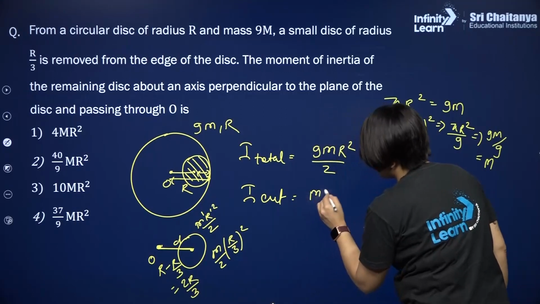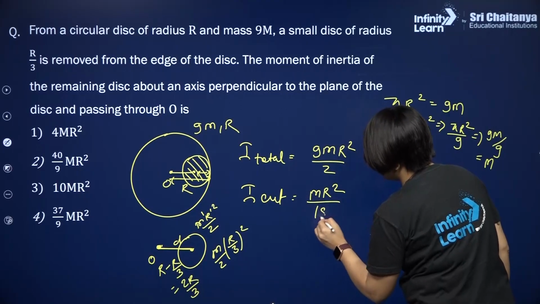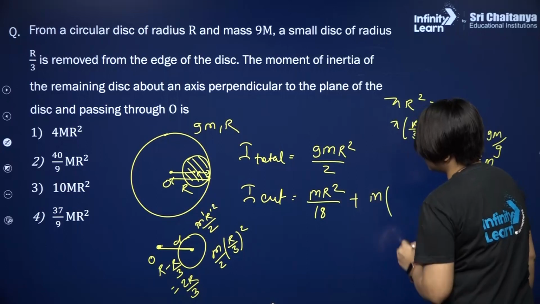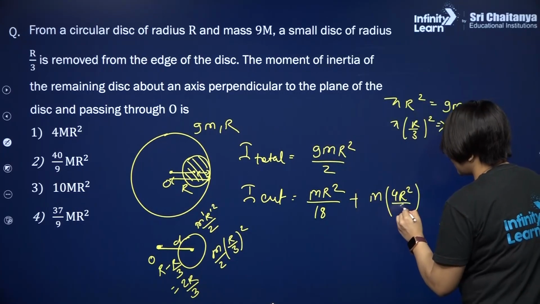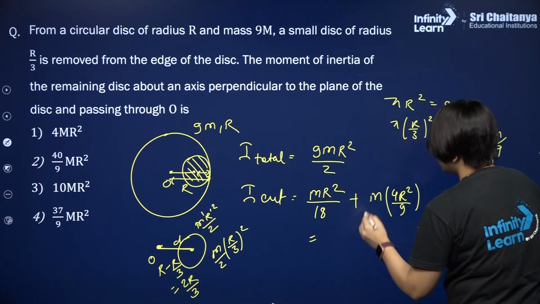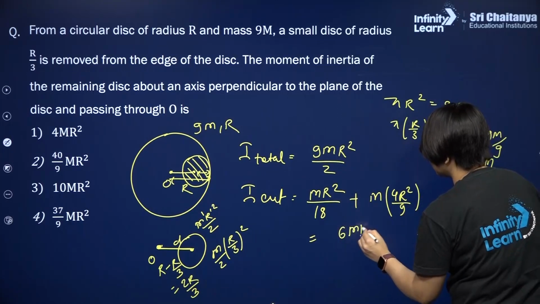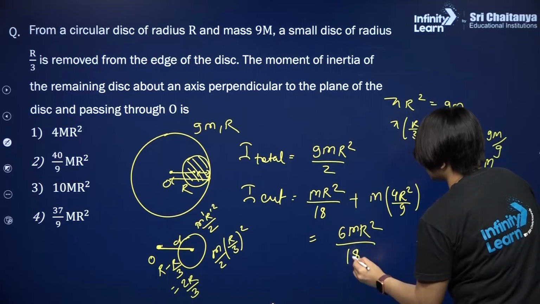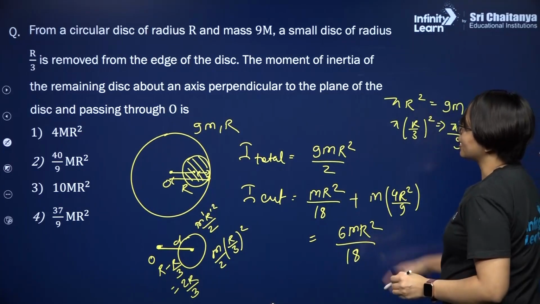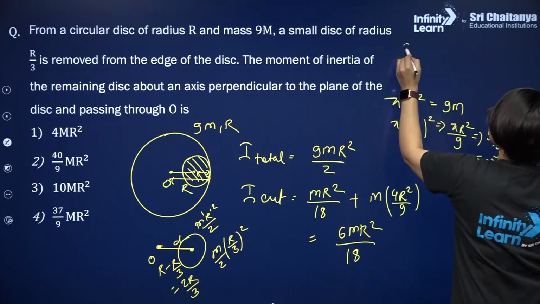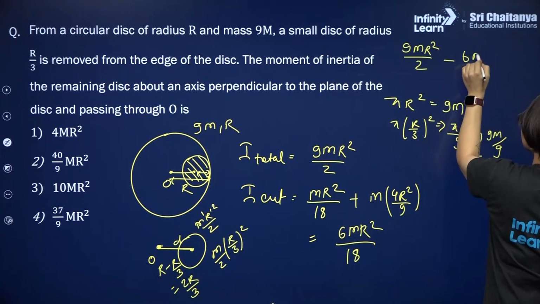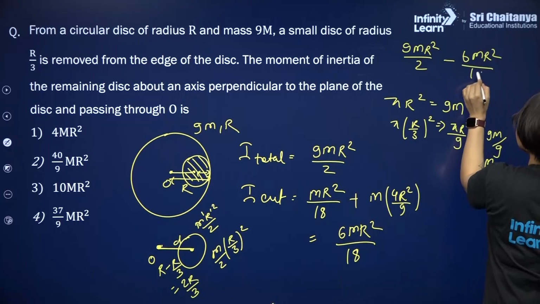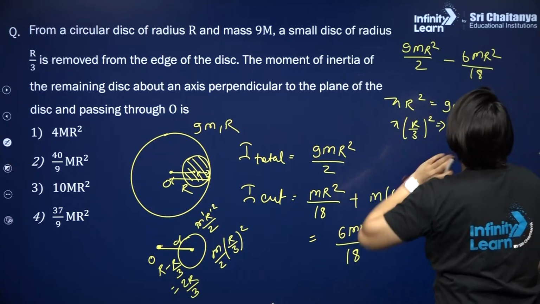ICM will be M R square by 18 plus M D square, 2R by 3 whole square, that is 4 R square by 9, that is equal to 6 MR square by 18. So I remaining is I total minus I cut, which is 9 MR square by 2 minus 6 MR square by 18. So this is what?